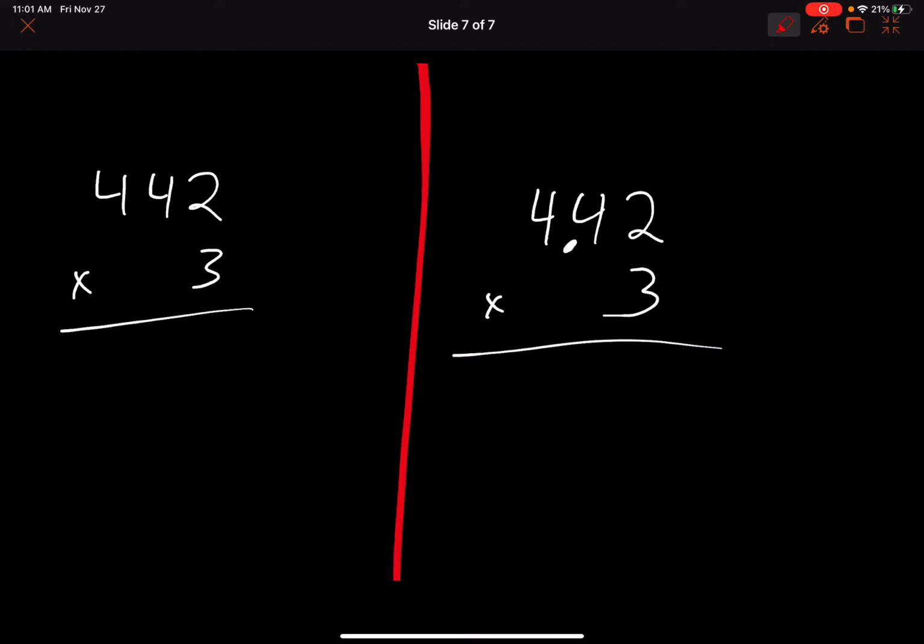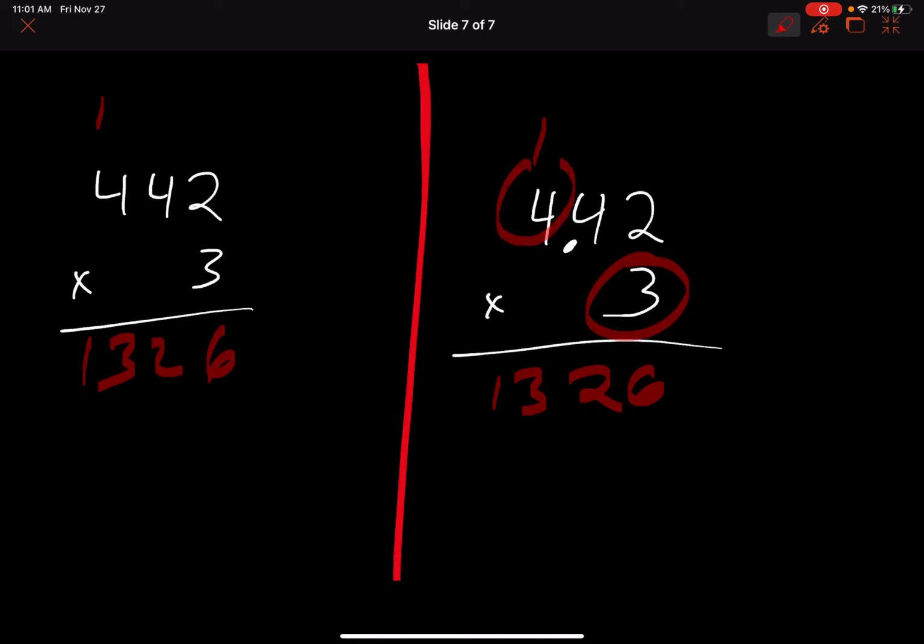Okay. So if I have 3 times 442, we're going to do this as normal. And then I'm going to explain how to put the decimal point in. So just pause and do this as normal. Right? So same. All right, so now you need to know where to put the decimal point. Will the answer be closer to 1, or 13, or 132, or 1,326?